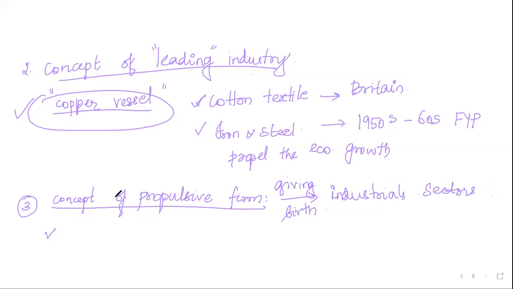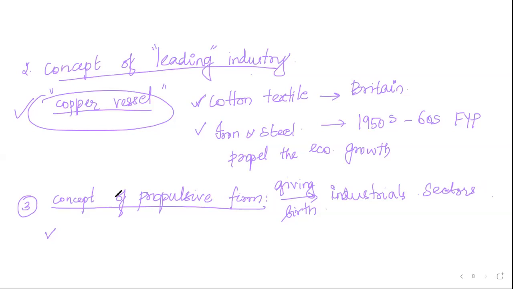It should accumulate different factors of production, and there should be people who have the risk taking ability. That's very important. There should be people who have the risk taking capacity to venture into new economic sectors.